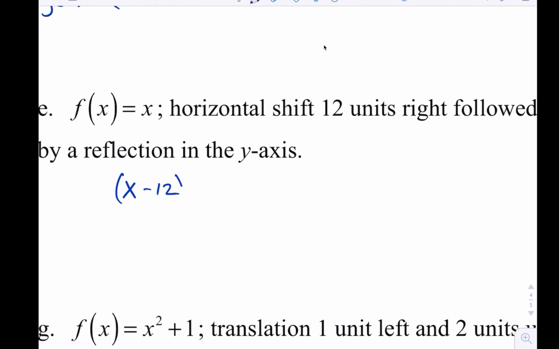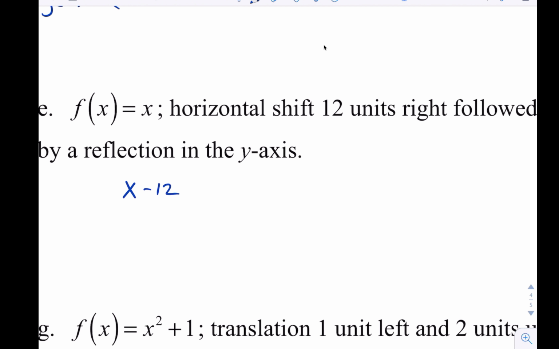I know we typically say when you move it left and right, you want to make sure that it's inside the parentheses, which I can leave like that. But because it's linear, I don't need those parentheses there, so I'm going to get rid of them. In this case, a vertical shift down 12 is the same thing as a horizontal shift 12 units to the right.